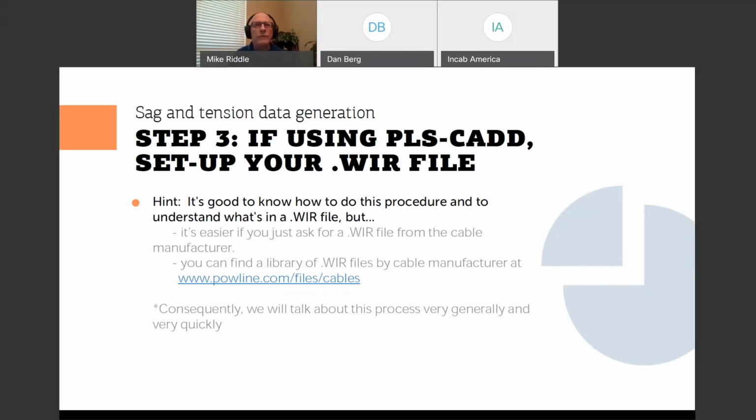You can go on there, you can find in-cab and you can find other OPGW manufacturers, and they may not have every single cable that the manufacturer has, but you should find a good library and you've got a good chance of finding the wire file for the cable. But of course, as I say, you can go to the cable manufacturer and ask them for a wire file as well.